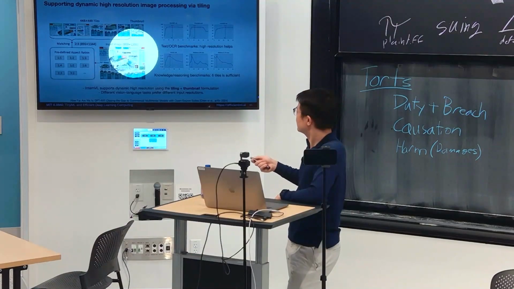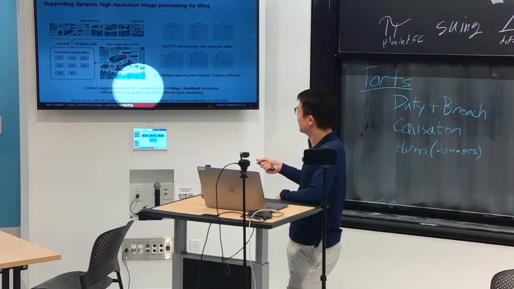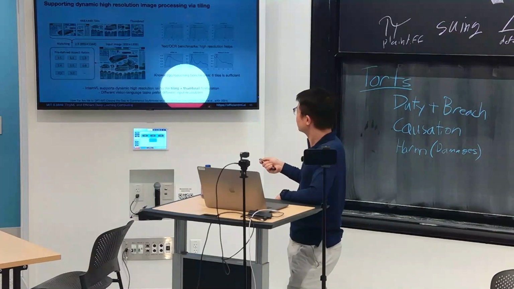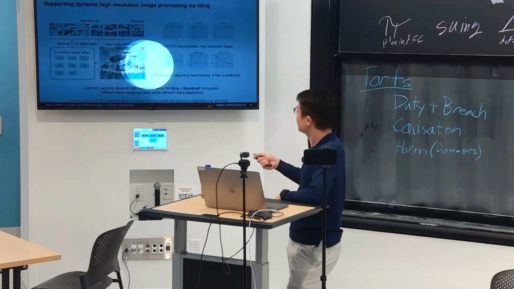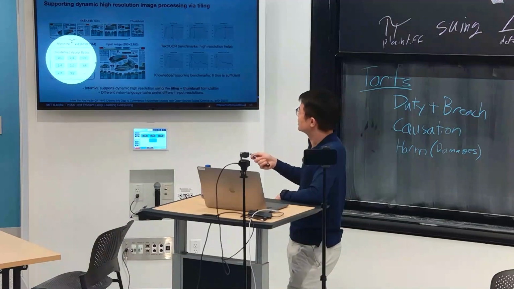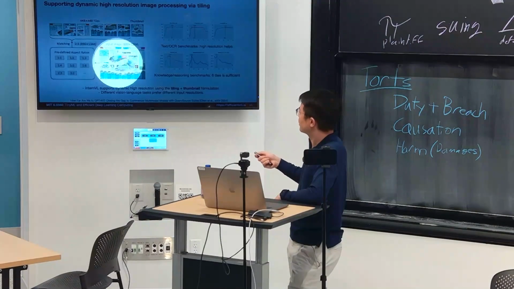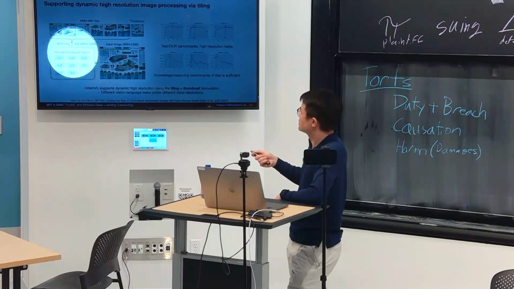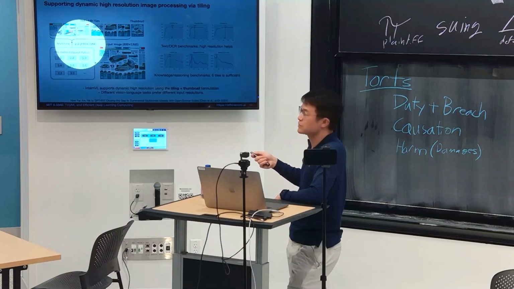Okay, so InternVL can support dynamic high resolution using tiling plus thumbnail. The tiling basically says we have several templates, predefined aspect ratios like 1 by 1, 1 by 2, 1 by 3, etc. And we try to match this new image with several templates, and we find 2 by 3 is probably the best match.